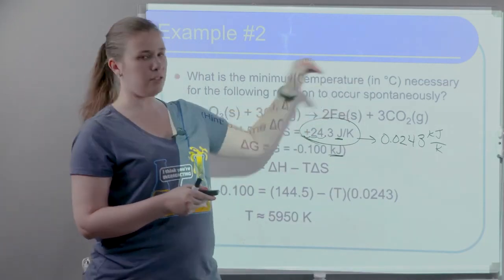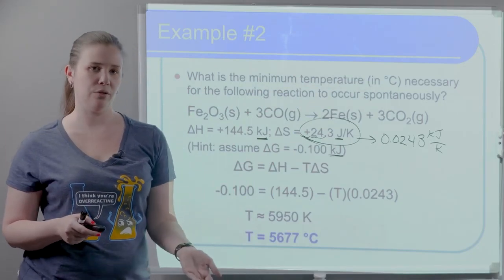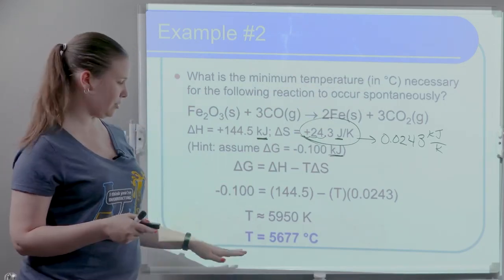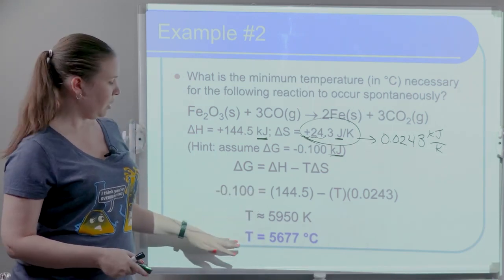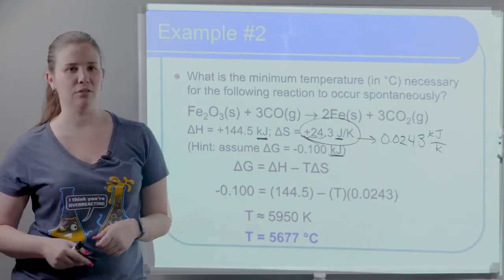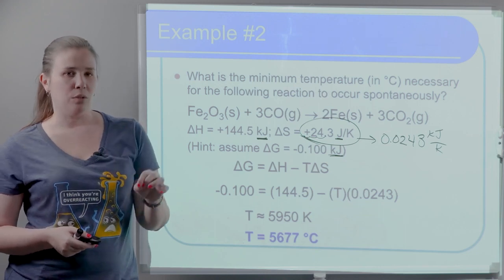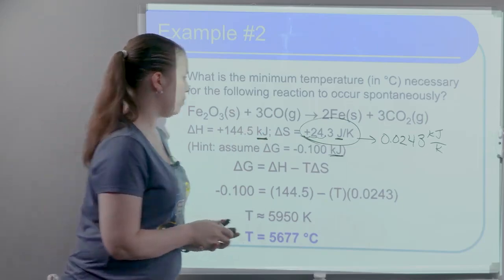But the question asked for it in degrees Celsius, so we know that we're going to have to subtract 273. To go from Celsius to Kelvin, you add. So from Kelvin to Celsius, you would subtract. And so we would get our final answer as 5,677 degrees Celsius. That means that's the temperature that would be necessary in order to make the reaction happen.